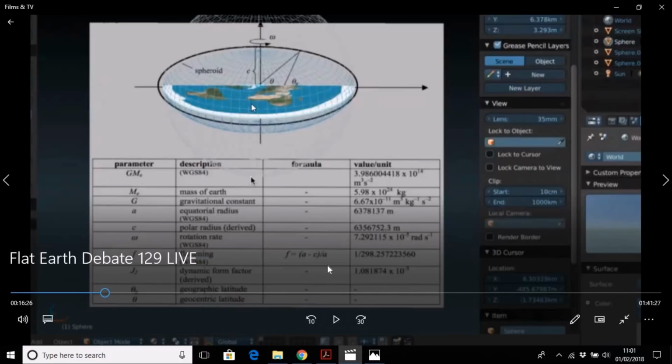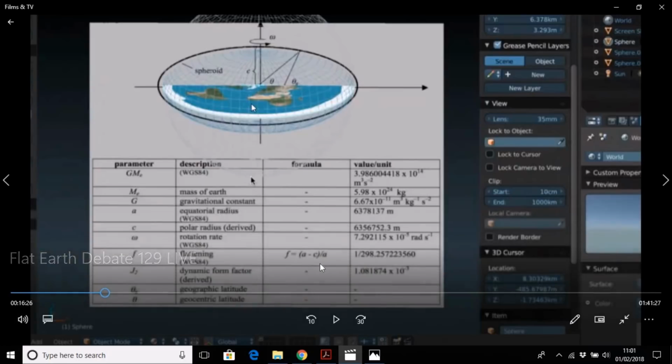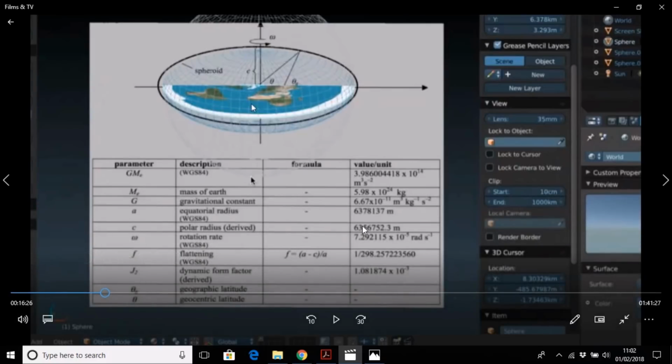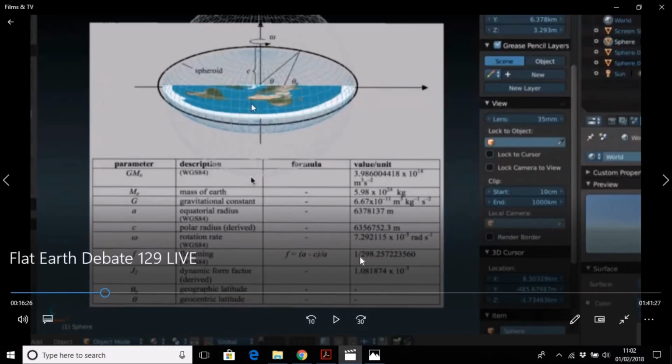Anybody who understands anything at all about mathematics knows that this F factor is simply describing a relationship between the two radii. It's not telling you to squash the whole thing 300 times or anything of that sort.